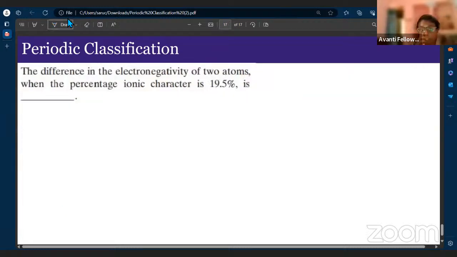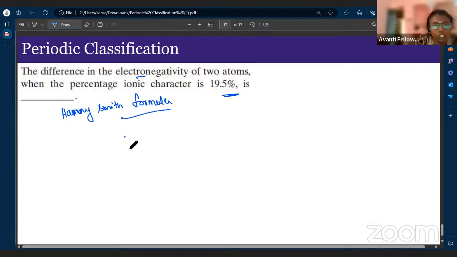The difference in electronegativity of two atoms is given, and the percent ionic character is 19.5. So what is the formula to calculate the percent ionic character? Which formula can I use, like the Hannay-Smith formula?